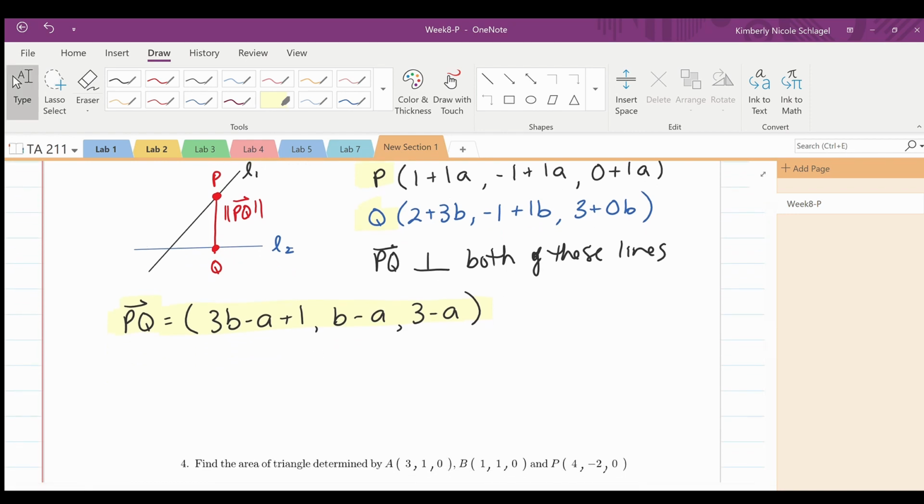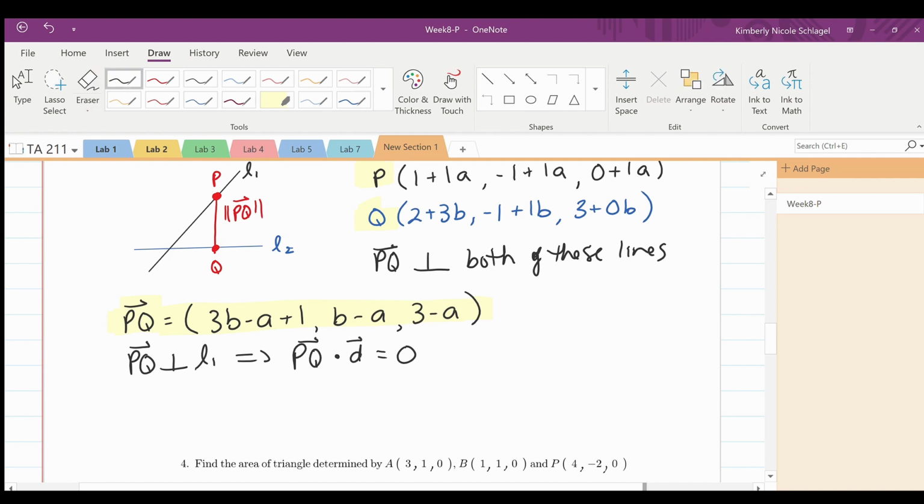So if we recall the dot product, that means that PQ dotted with D is equal to 0. Why is that? Because cos of 90 degrees, cos of pi over 2, so when things are perpendicular, is equal to 0. So my dot product is equal to 0 when this is true.